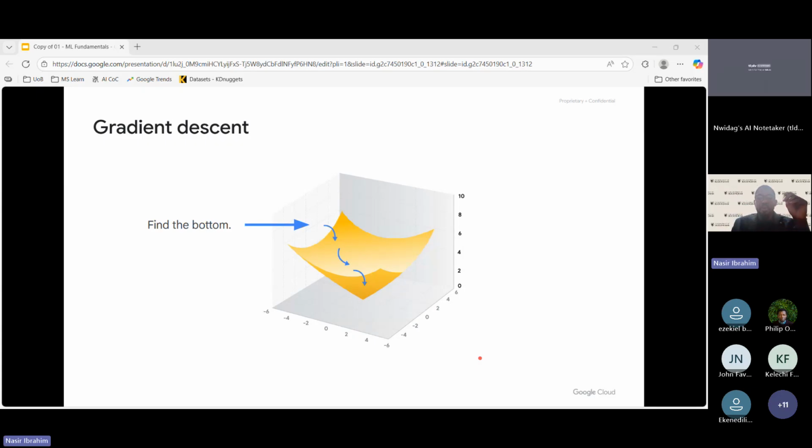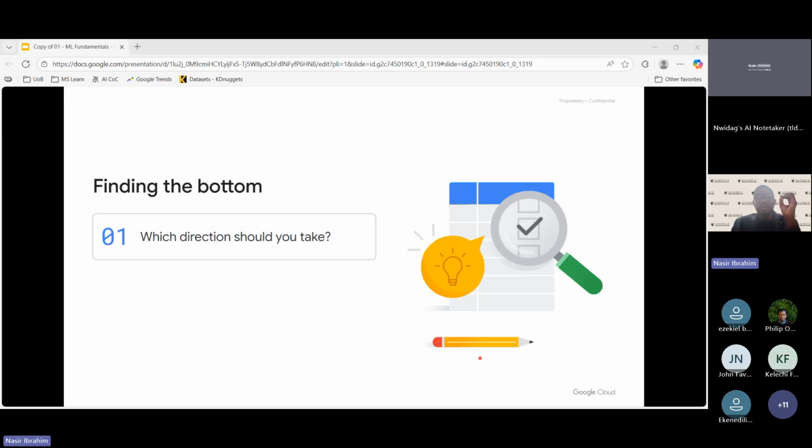Very briefly, what the gradient descent determines is, one, the direction and also the size, so how much to change the weight by. In terms of direction, are we going to go positive or negative? Are we going to go right or left? And also, how much should we change it by?